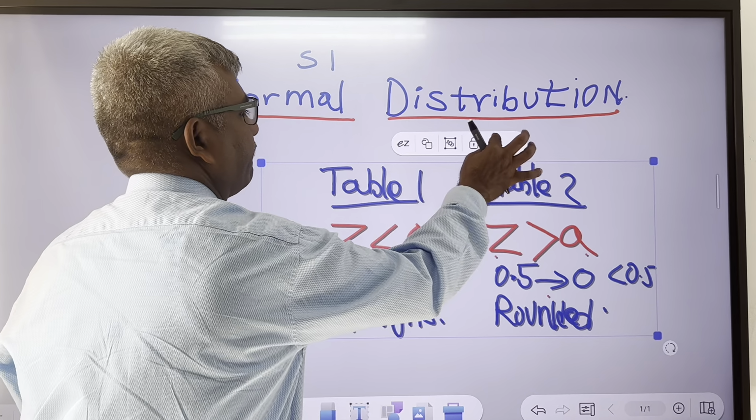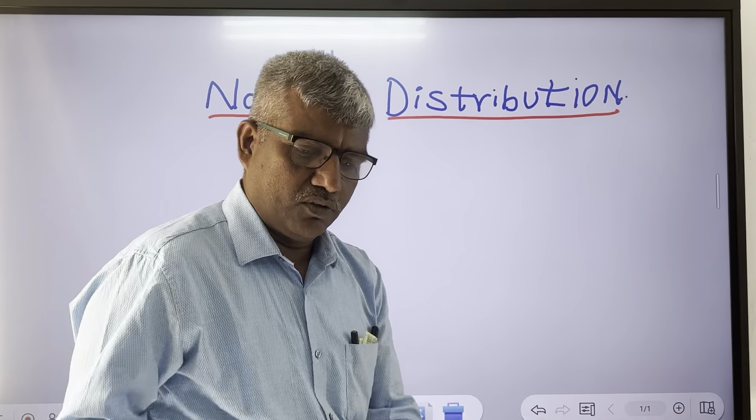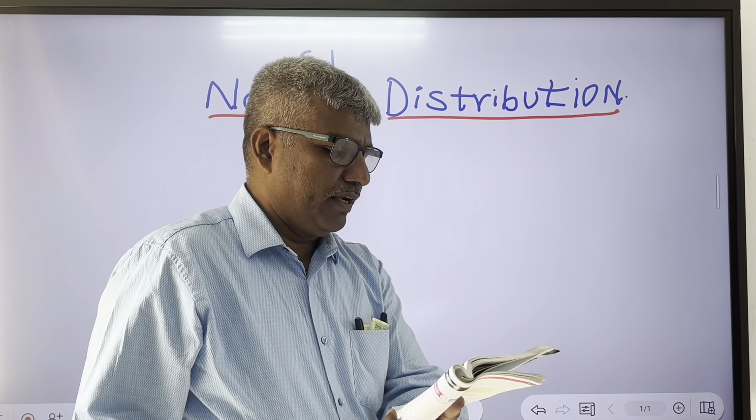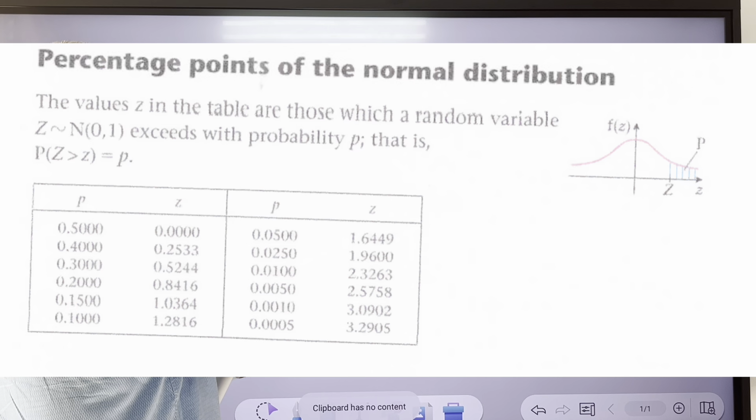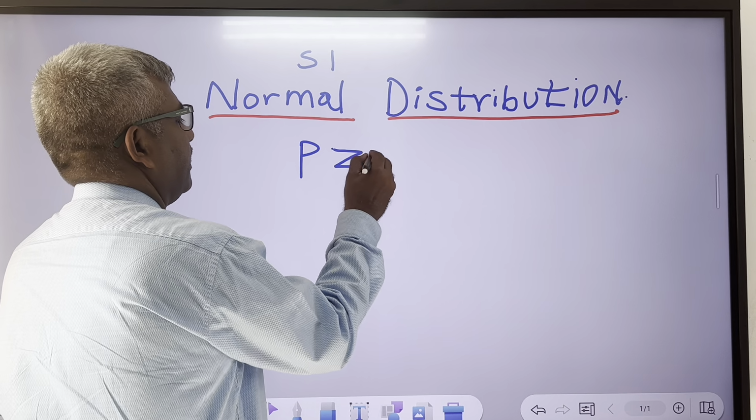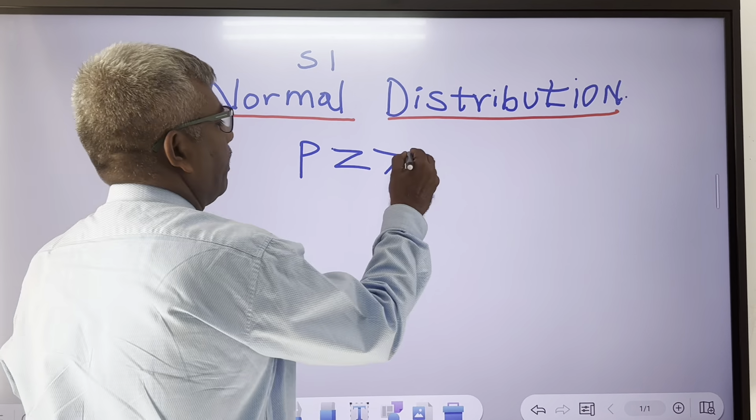Copy it. Okay. Now go to Exercise 7B, page number 158. The P value is the probability of Z is greater than 1.27.